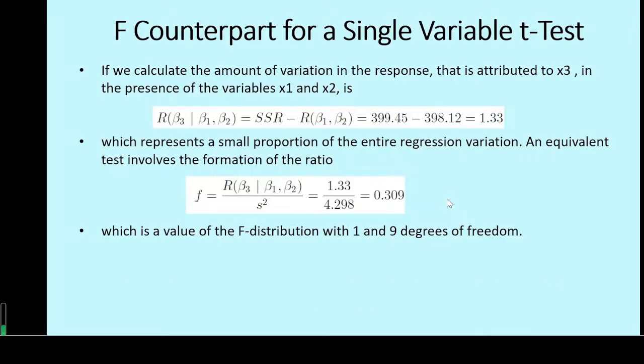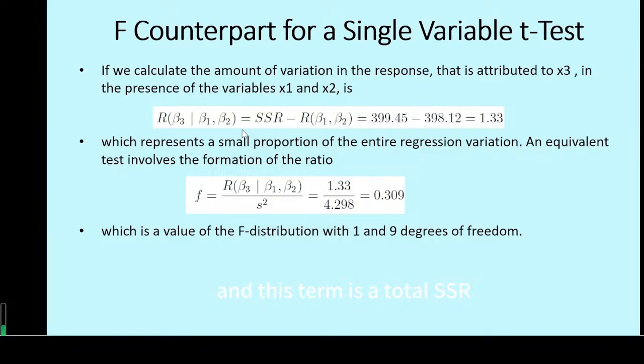An alternative is the F-test, which is actually an ANOVA-type test. We calculate the amount of variation in the response that is attributed to x3 in the presence of the variables x1 and x2, so we have to calculate the term R(beta 3 given beta 1, beta 2).